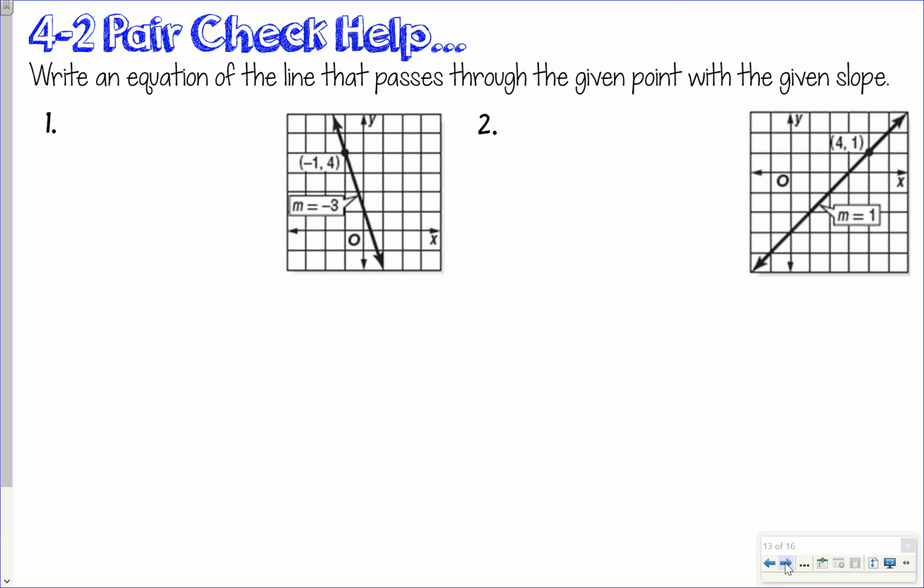Let's go, girls. You got plenty of work to do, right? Am I right or wrong? Got plenty of work? You didn't. Oh, I'm sorry.